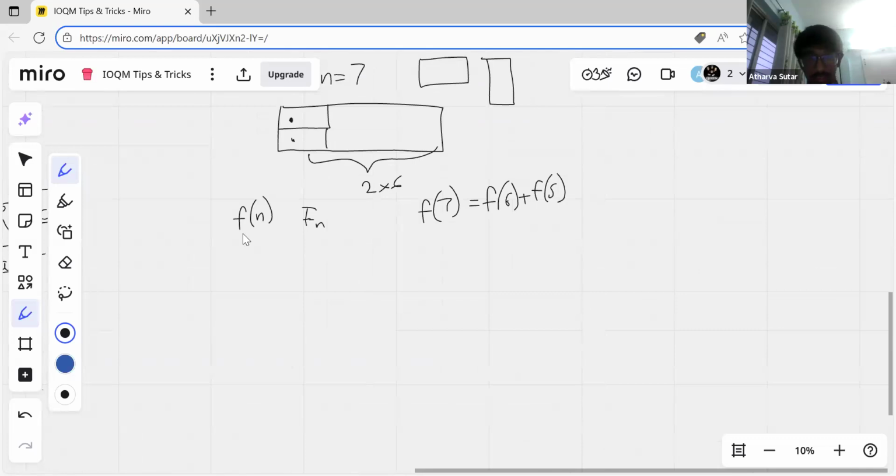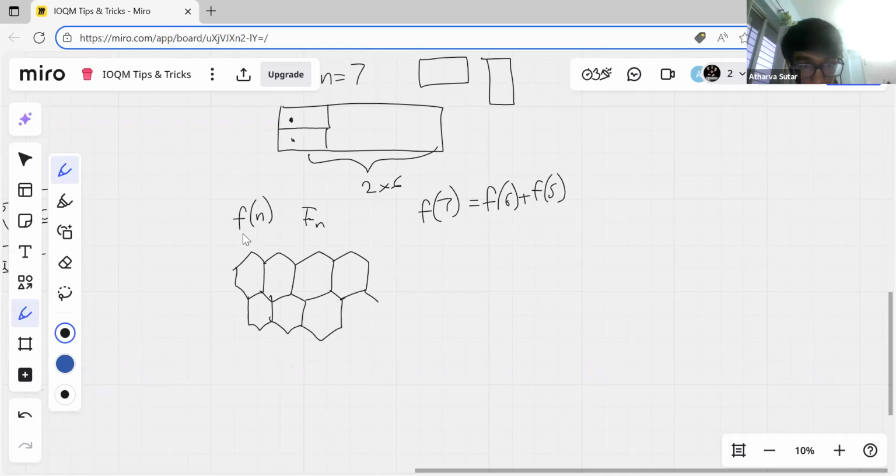Okay, another problem is quite similar, but you have this kind of grid, a hexagonal grid. Yeah, this is one.